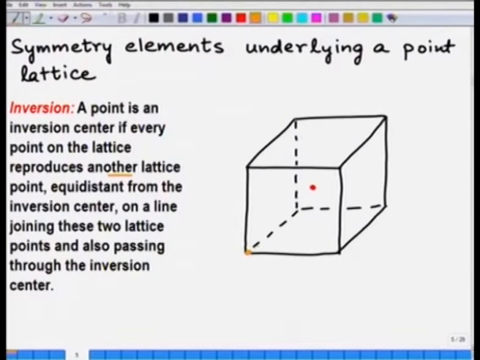Whatever distance I join between these two points, I continue the same distance beyond, and I land on another lattice position. That should happen for every point. Corresponding to this point, I get another point here, and so on. So, this structure has inversion symmetry; there is an inversion center in there.